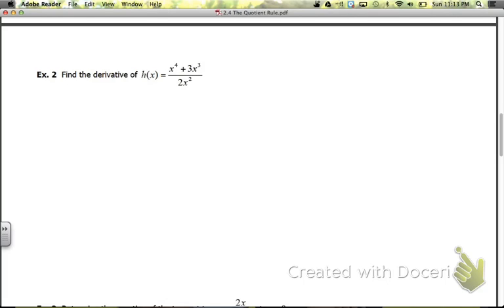So now let's look at our example 2. Find the derivative of h of x equals x to the power of 4 plus 3x cubed all over 2x squared. Again, we're going to use our quotient rule.